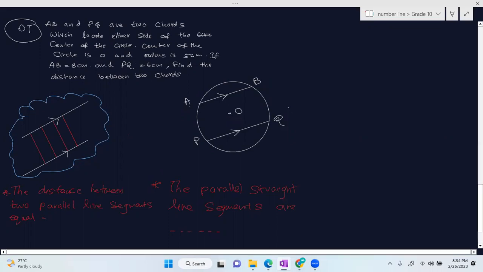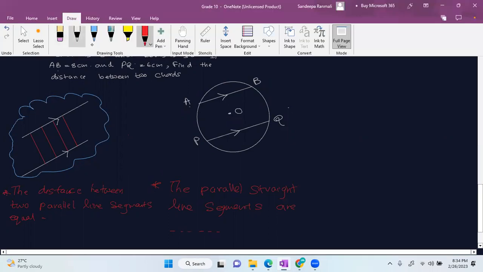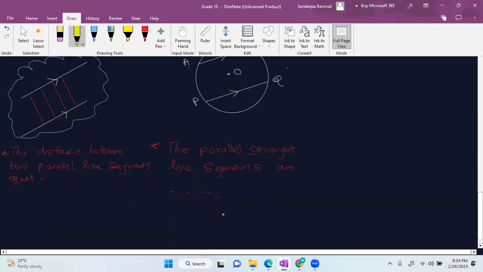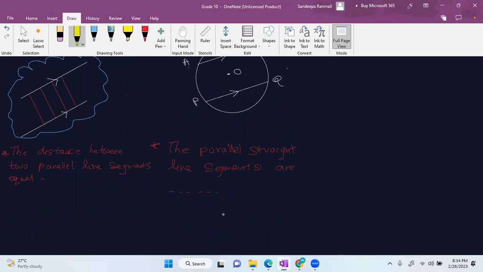Who can fill this empty blank? They are perpendicular.